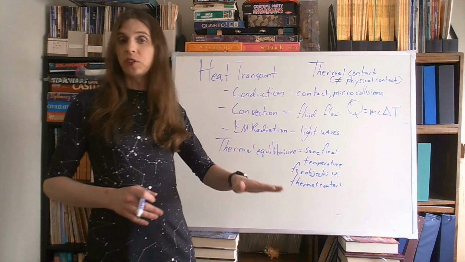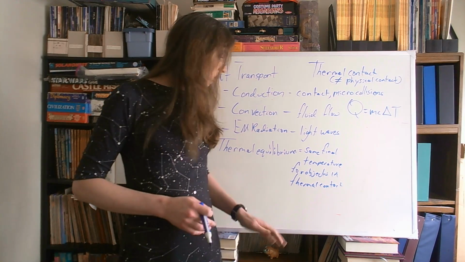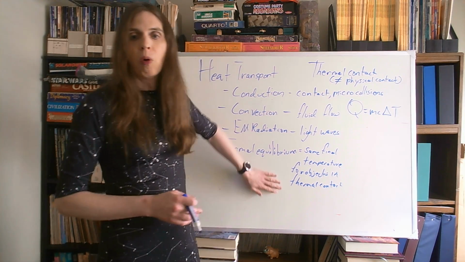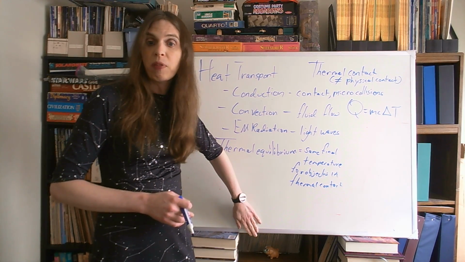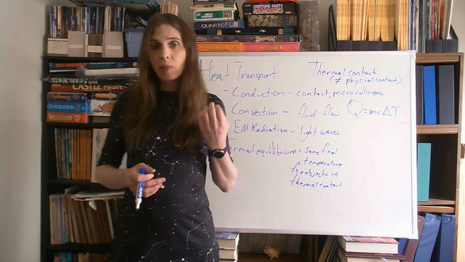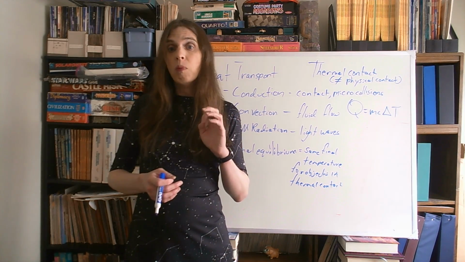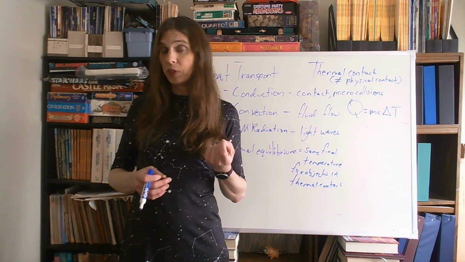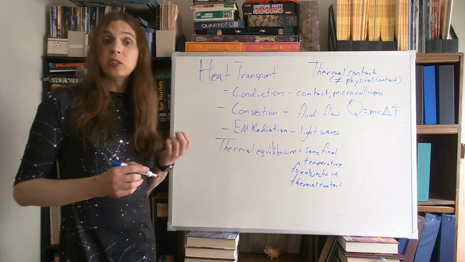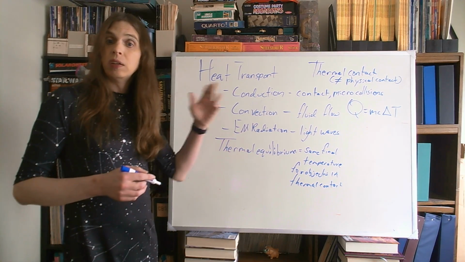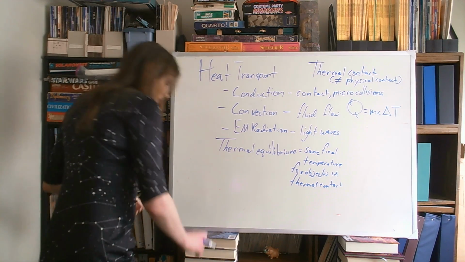You touch various objects around, like a book, or this whiteboard here, the metal frame of the whiteboard, and your perception of their temperature may be different, even though they all have the same temperature. Because your perception of temperature is based on how rapidly heat is entering or leaving you. Let me write that down.